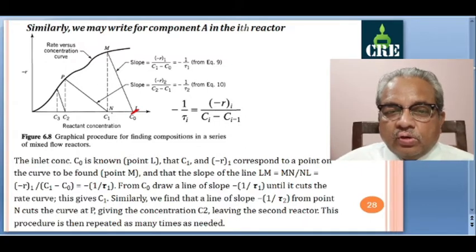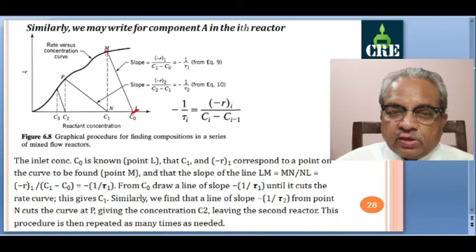If you represent this R1 here, the value somewhere here, then dy by dx, where dy is R1 and dx is C1 minus C0, is the same as the slope of minus 1 upon tau 1. You know this tau 1. If you know this, you can construct a line with this slope, and once you have this point here, from here you can come down and get point C1.